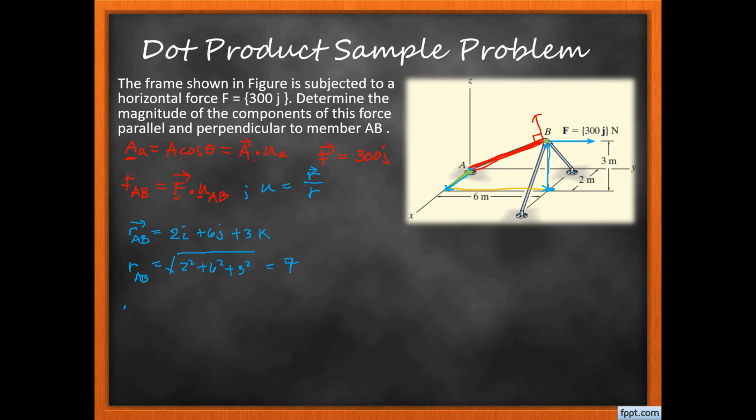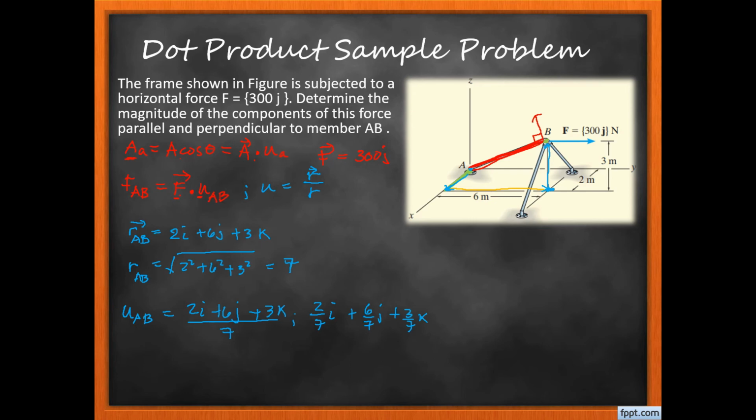So kung kukunin natin yung unit vector ng AB natin, equal yan sa 2I plus 6J plus 3K all over 7. Or pwede nating sabihin na this is 2 over 7I plus 6 over 7J plus 3 over 7K.